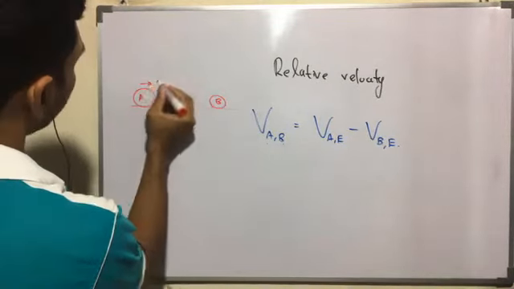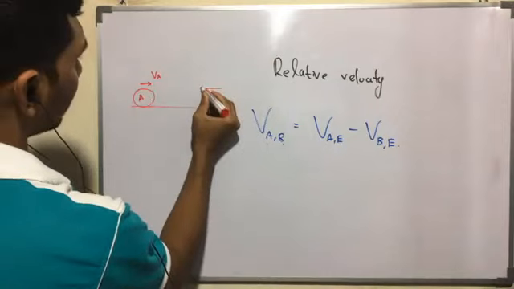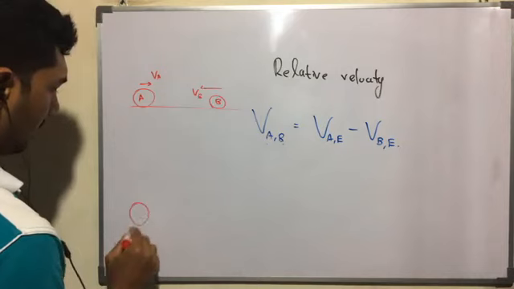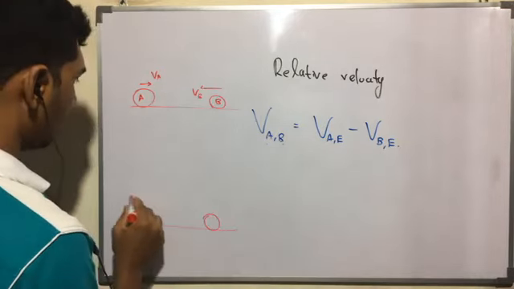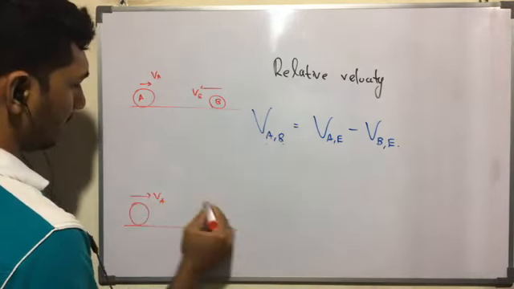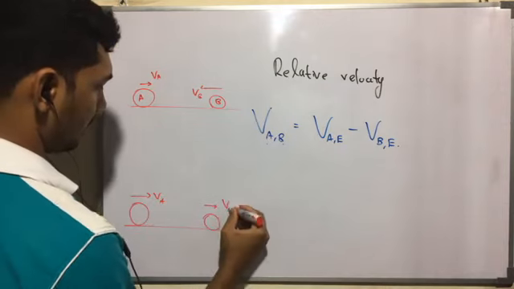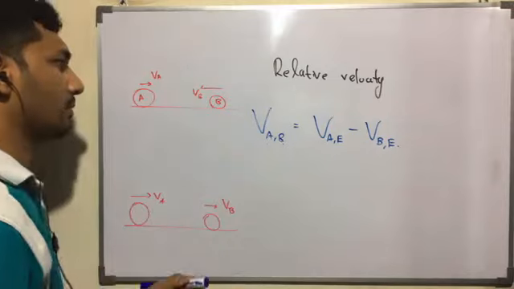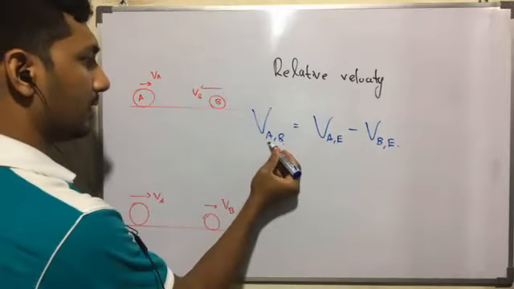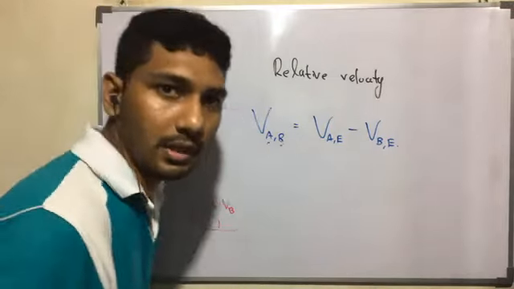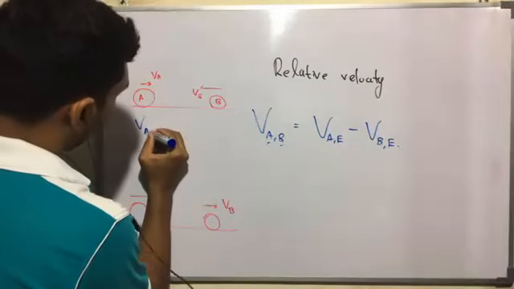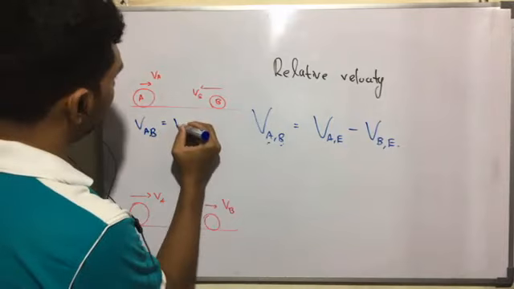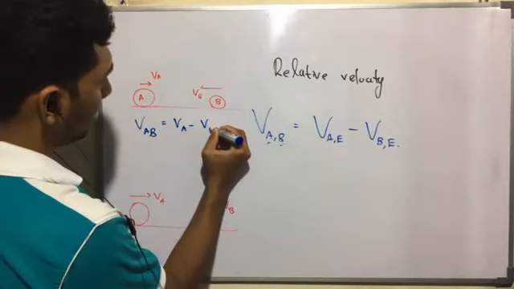It has velocity V_A, and the other has velocity V_B. So here, for the relative velocity, I'm going to find the velocity of A relative to B. So V_AB is equal to, as you all know, V_A minus V_B.